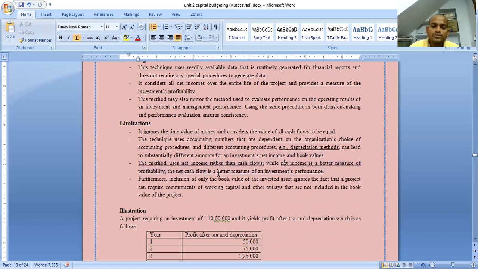Cash flow is a better measure of an investment's performance. This is the difference between net income and cash flows. So an investment's performance is determined with the cash flows, not with the net income. That is the limitation with the accounting rate of return or average rate of return.